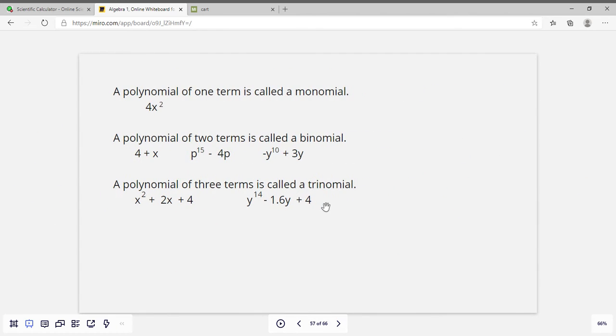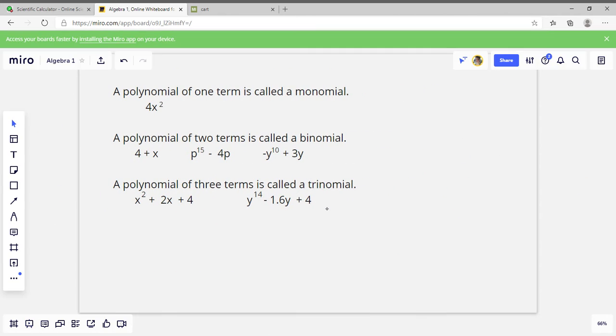A polynomial of one term is called a monomial. Mono means 1. So 4x squared would be a monomial. A polynomial of 2 terms, remember anything separated by a plus or minus sign is a term, is called a binomial. Bi means 2. So we've got 1, 2 terms, 1, 2 terms. A polynomial of 3 terms is called a trinomial.